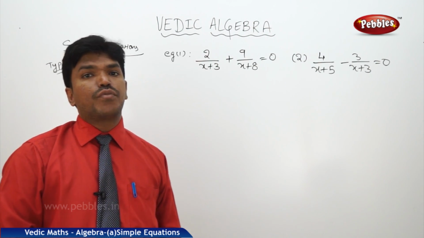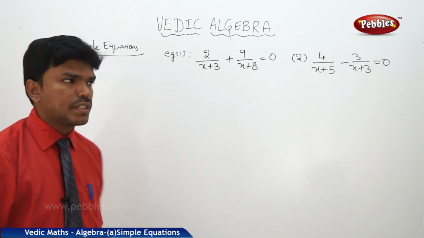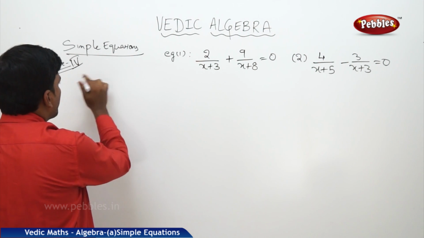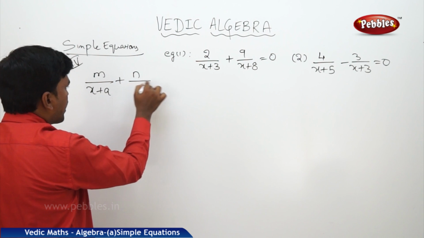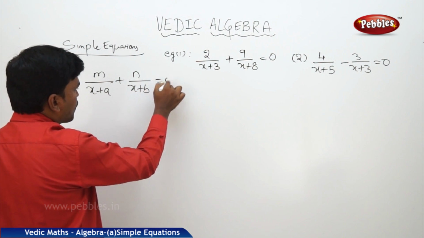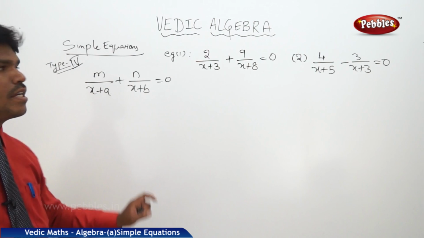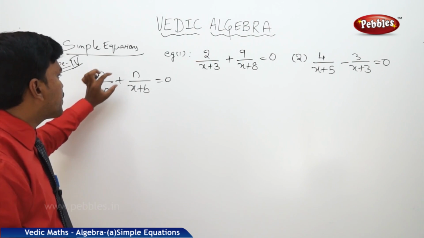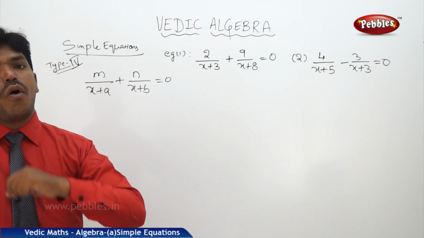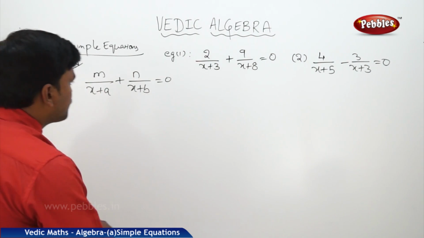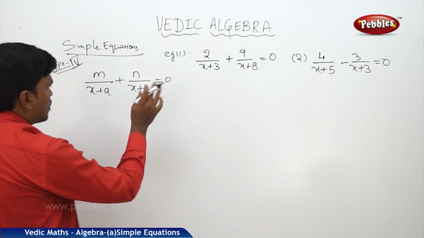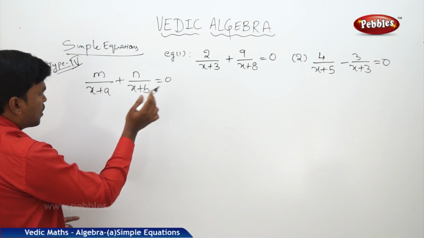Now let us see the fourth type of equation in our simple equations, that is of the form m by x plus a plus n by x plus b equal to 0. If an equation is of this form, what is the solution of x? First let us derive the solution of x. So just send the remaining items to that side.